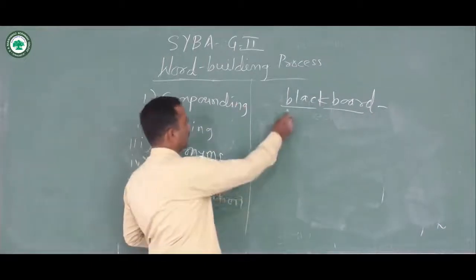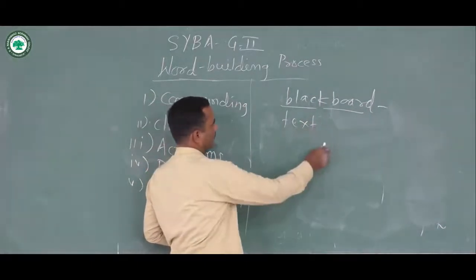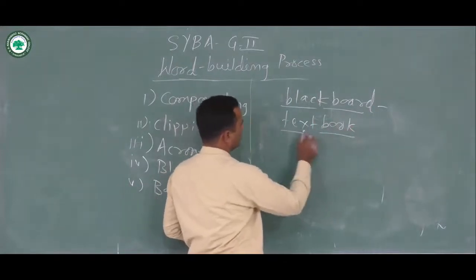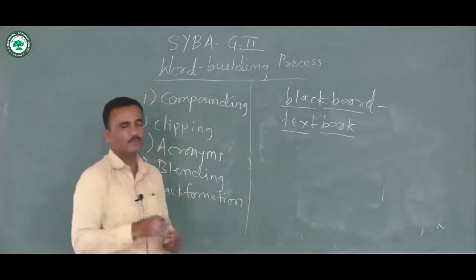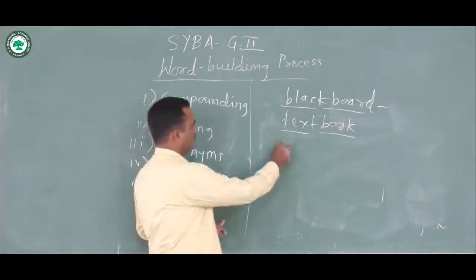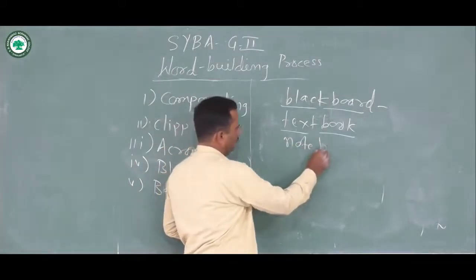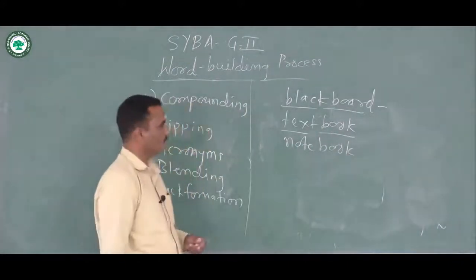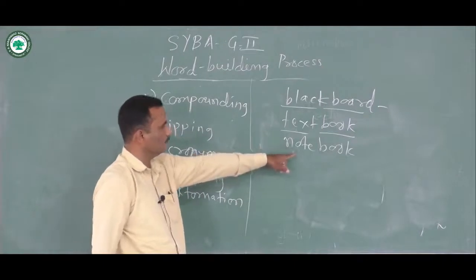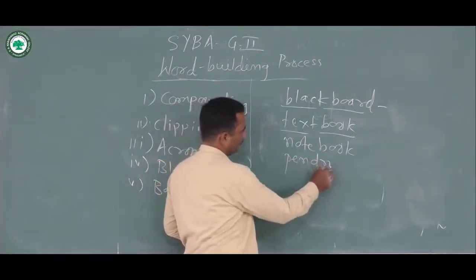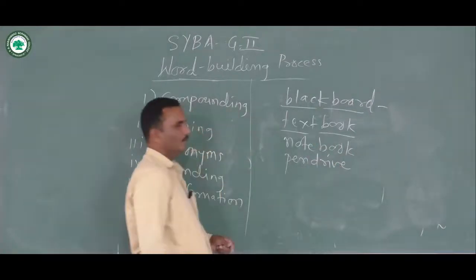Then you can see a word like textbook. Two roots, two bases are there, text and book. A new word is formed by bringing together text and book. Then a word like notebook. Two different roots are there, note and book. Then pen drive, bookshelves.